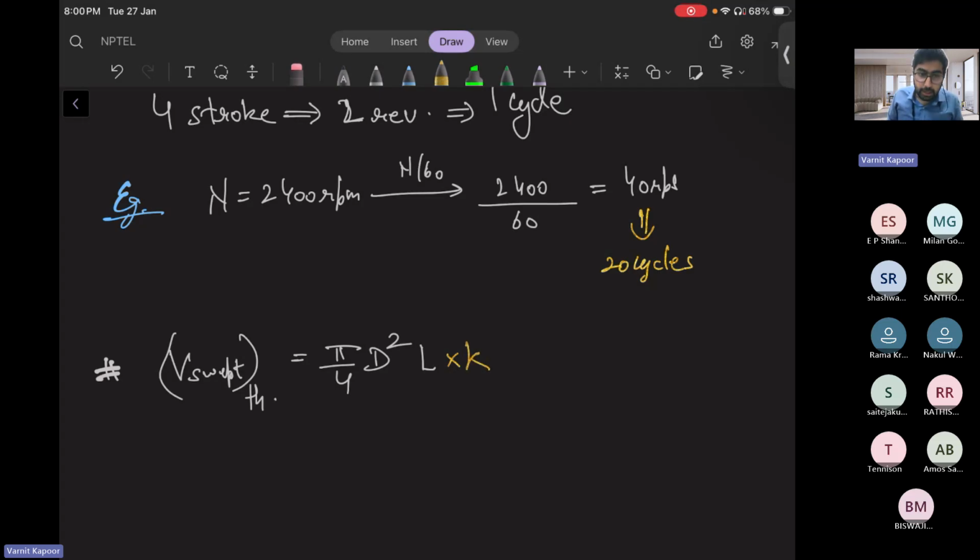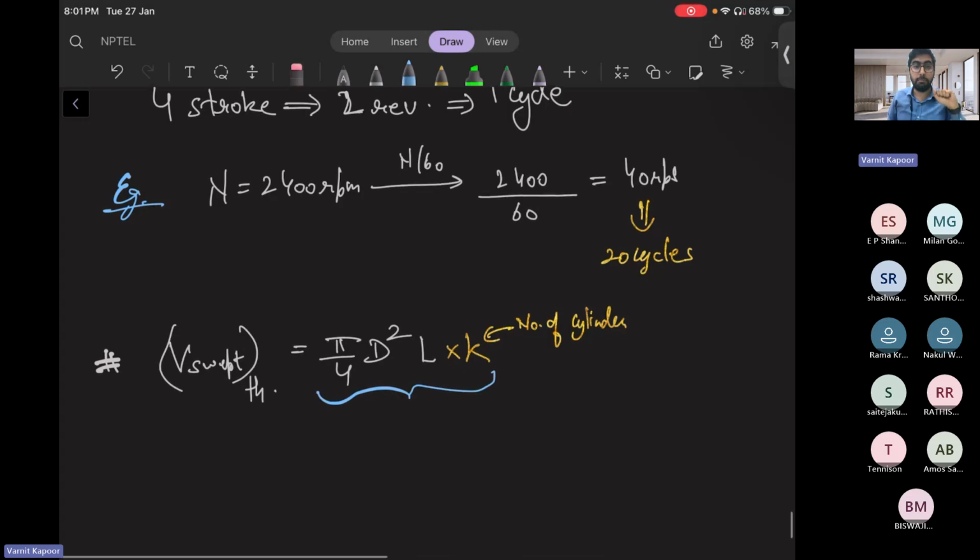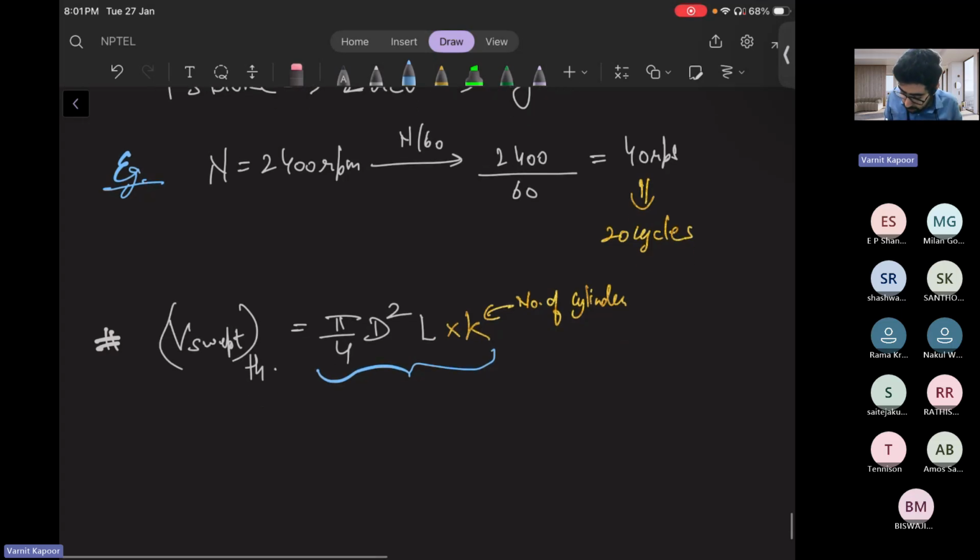This k is the number of cylinders, and this complete expression, my friend, is your total volume in meter cube of that engine. So this is your theoretical concept.